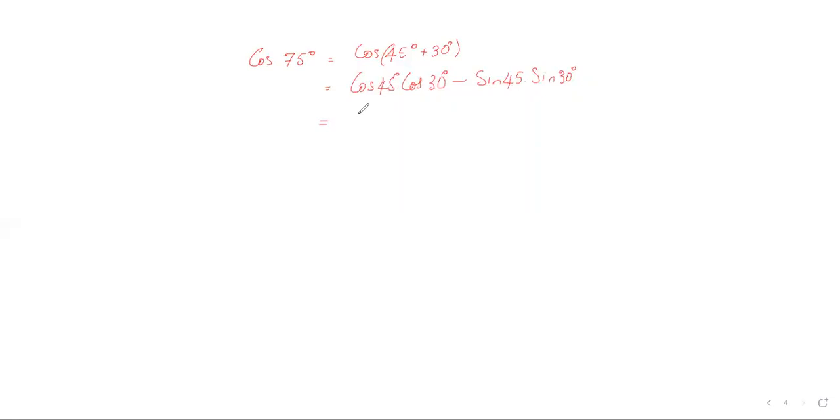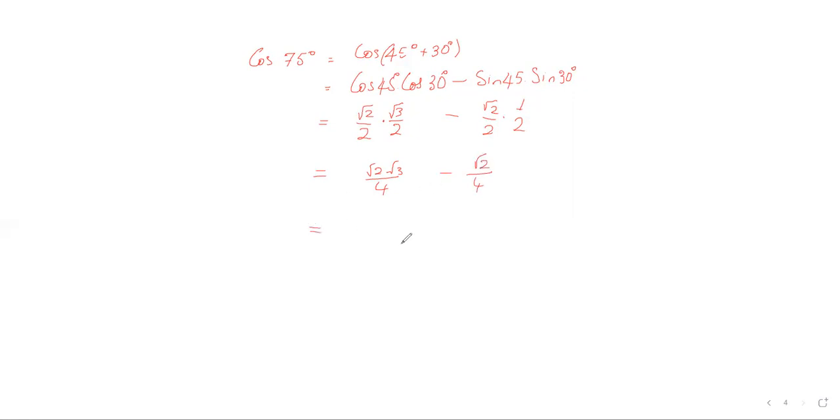That will equal to root 2 over 2 from special angles. And that will be root 3 over 2. Root 2 over 2 times a half. This is 4 over root 2 root 3 minus 4 over 2.